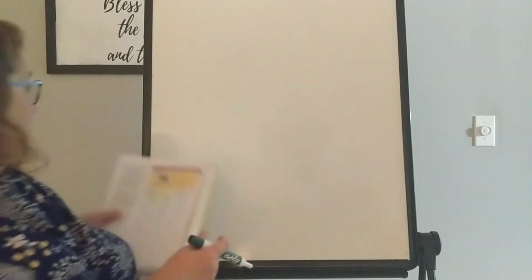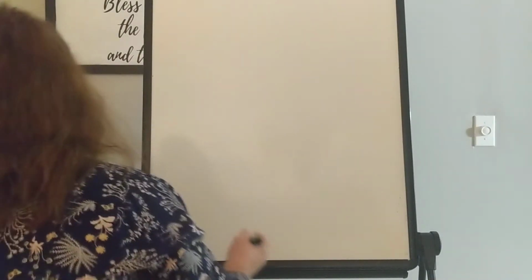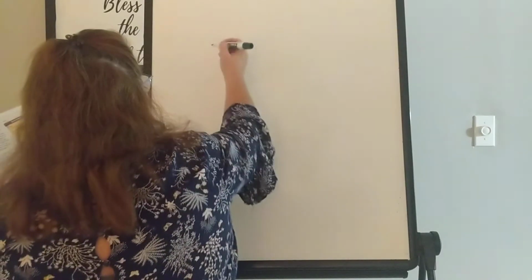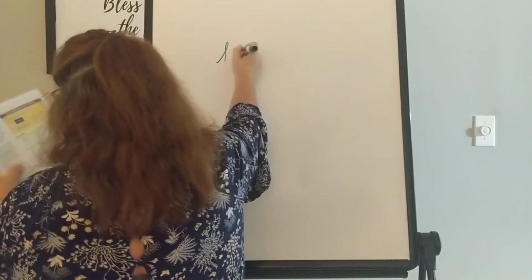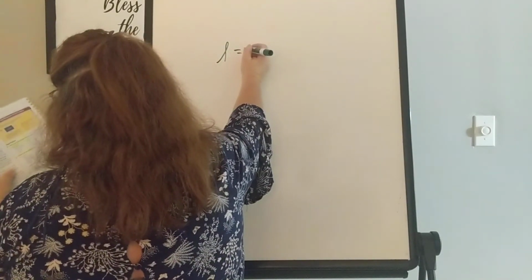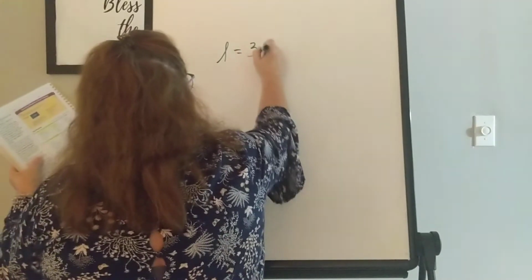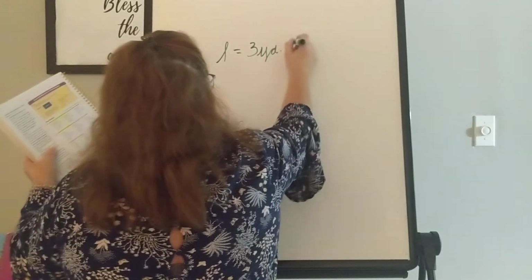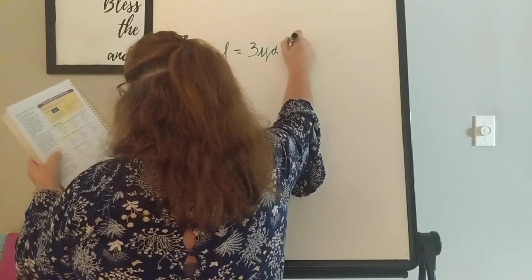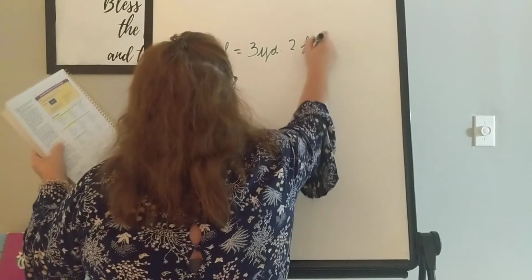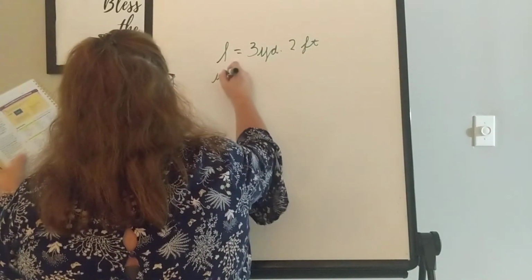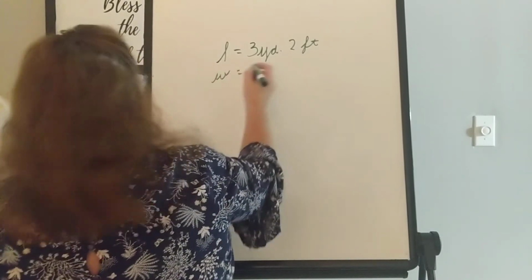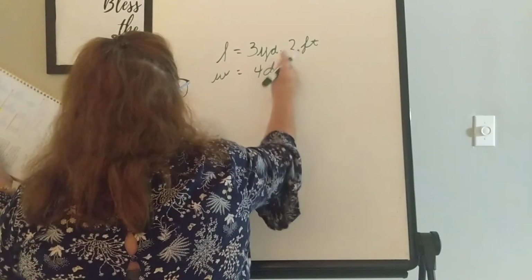All right. Section 2A, our problem is, now they have this one written a little bit differently. Length equals 3 yards (2 feet), and width equals 4 yards. What am I going to do now, guys?